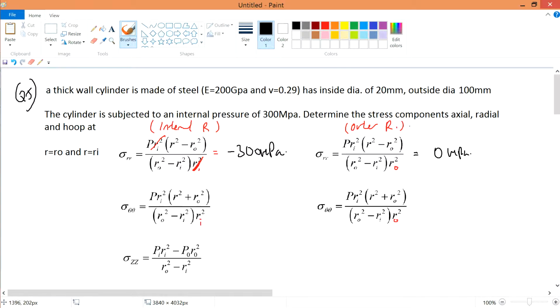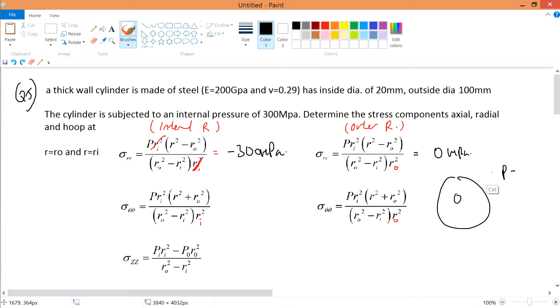Why? Okay, this is outer radius. Outer radius we're talking about, because we know that outer pressure is 0, right? So there is no pressure outside that is acting on our system. So therefore there will also not be any radial stress acting against this pressure. Alright?